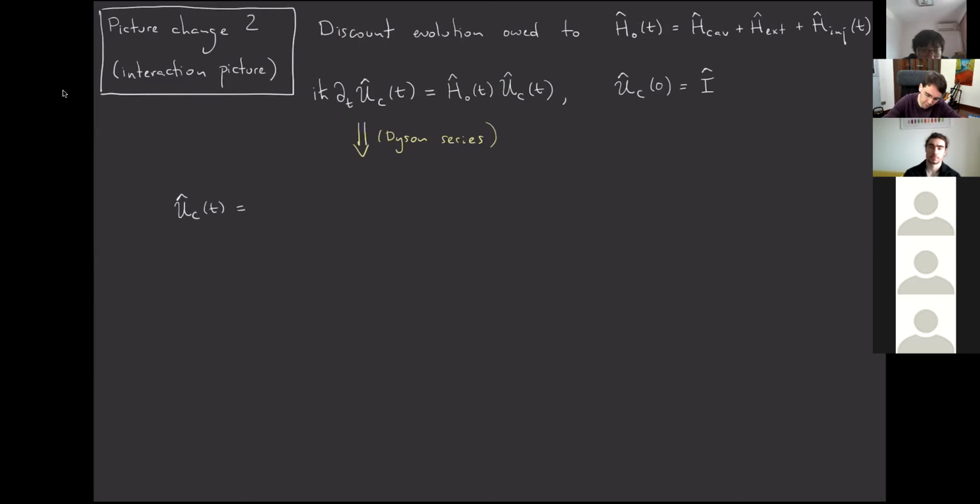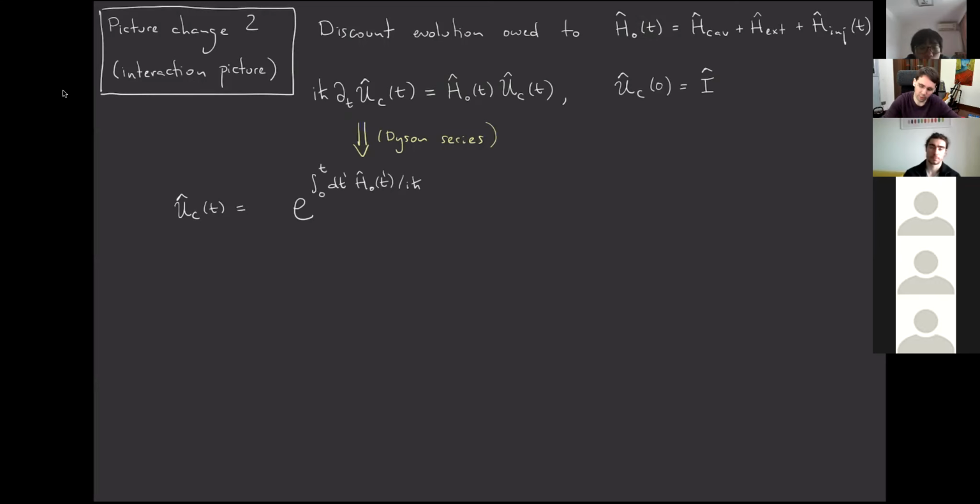So in particular, you would do the following. You would say, if these were just numbers instead of operators, then the solution of this equation is just the exponential of the integral from 0 to t of dt prime, the Hamiltonian of t prime divided by i h bar.